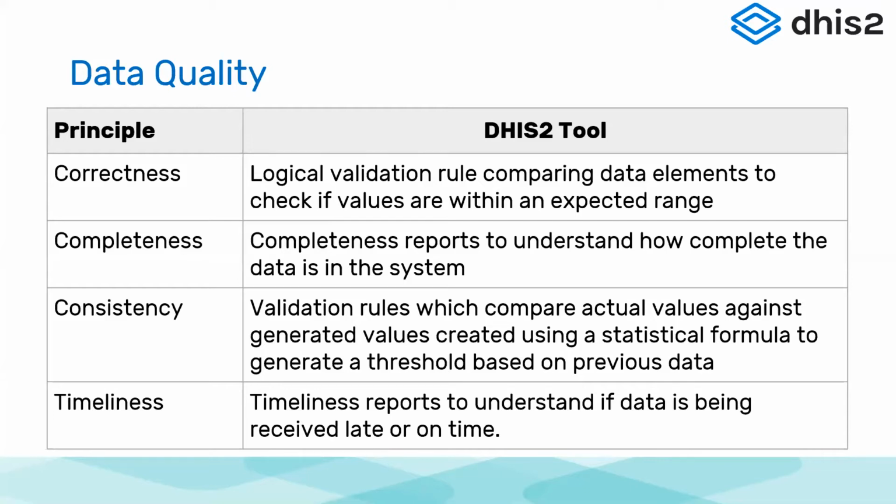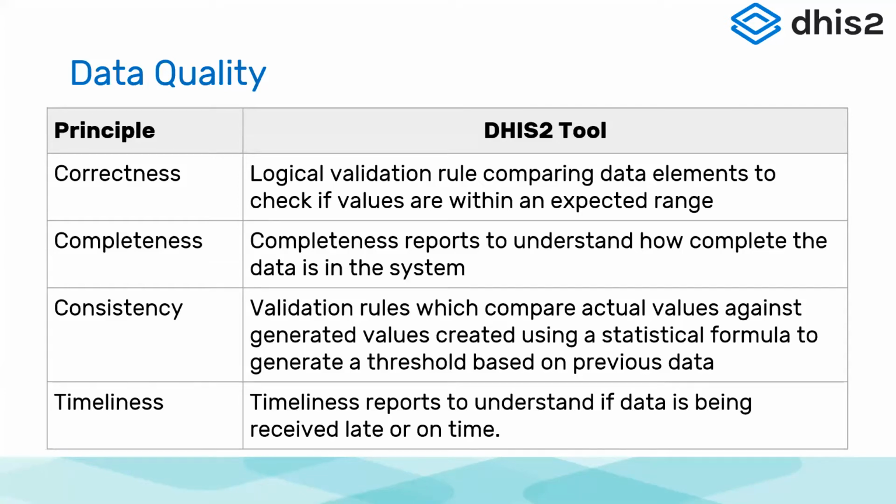Among these, completeness can be very easily managed and assessed in DHIS2. You all know this, I think. Timeliness also can be very easily monitored in the DHIS2 platform. Those two are very simple and straightforward, so we are not going to discuss those two today.